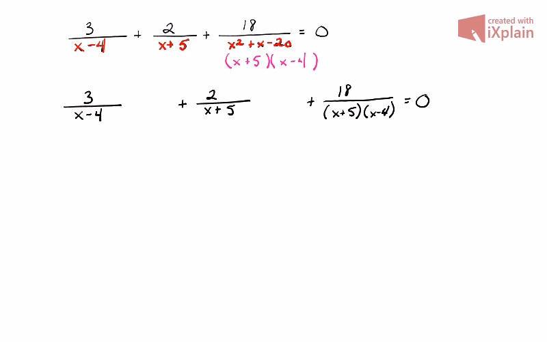Okay, so I'm going to do my adjustments in green. I notice here that I have an x minus 4 in this denominator, and this child needs an x plus 5. So I'm going to multiply the top and the bottom by an x plus 5. Remember, I have to multiply the top and the bottom in order to maintain the value of that fraction.